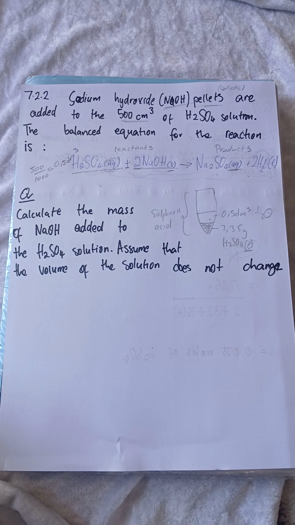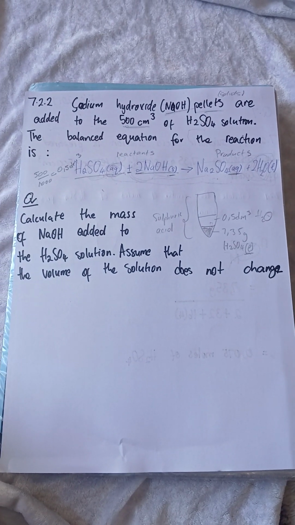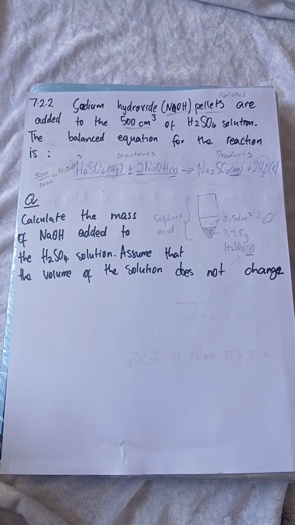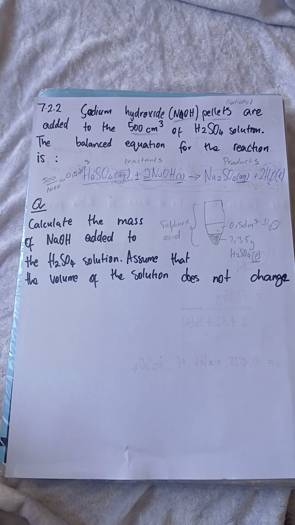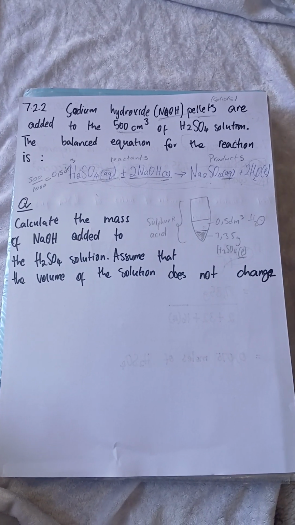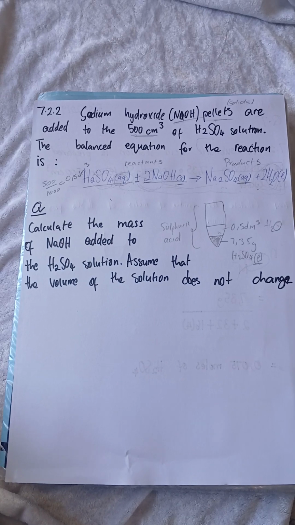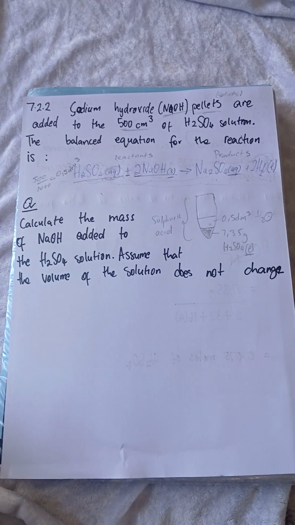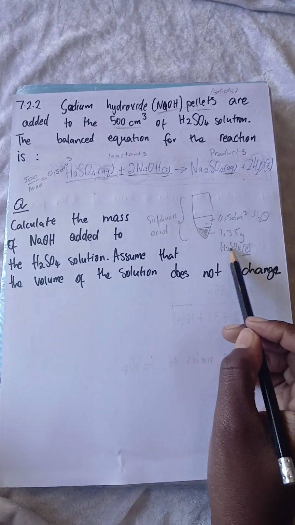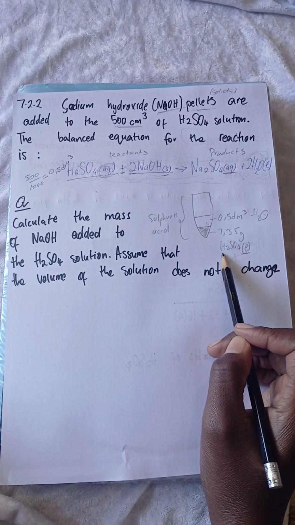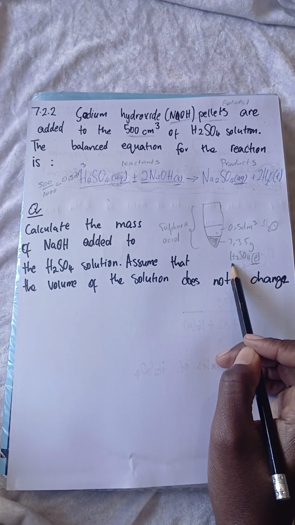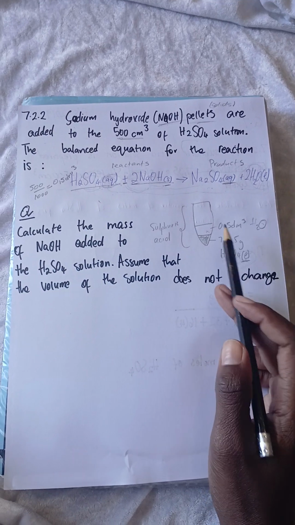Remember, we have the number of moles of the first H2SO4 that was basically added inside the water. Do we have any idea of how concentrated the H2SO4 is inside the water?